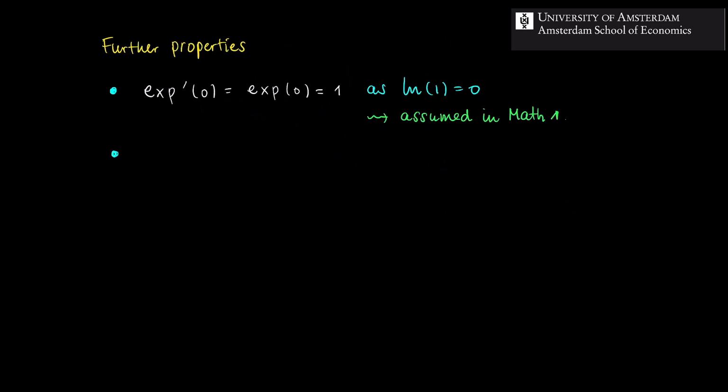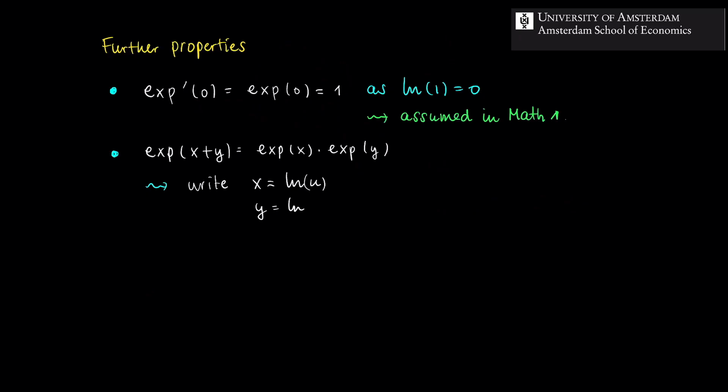Okay, there's also another property: if we exponentiate x plus y, that is the same as the exponential of x times the exponential function evaluated in y. Well, how can we see this? Just write x equal to the log of u, and y equal to the log of w.